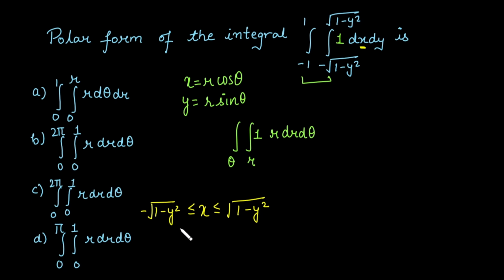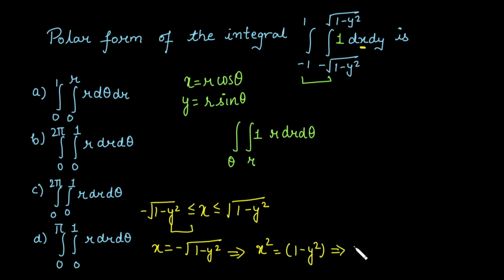From here, from the first inequality, what will come? x is equal to negative of under root 1 minus y square. Square on both sides. This is x square. On the right side, negative square is positive. Square of the root is simply 1 minus y square.